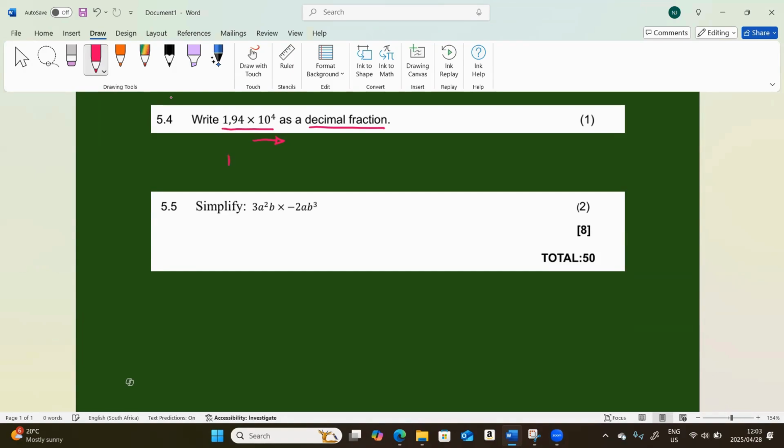So you just write your decimal number, 1,94, and then your power tells you in scientific notation to move your decimal 4 places to the right.